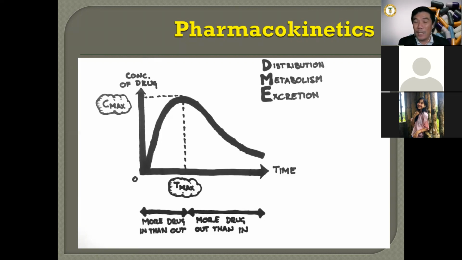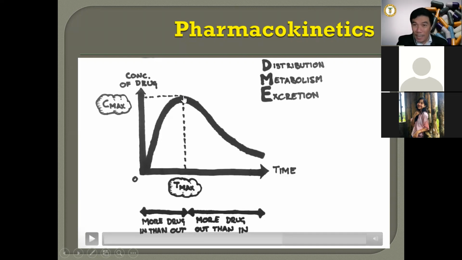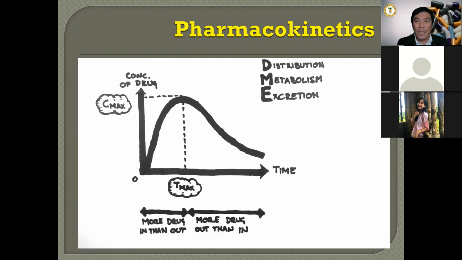That's bioavailability. But when the drug reaches the peak concentration level, it means that 50% of the drug is already taking effect in the body, and the other 50% will be released out of the body.